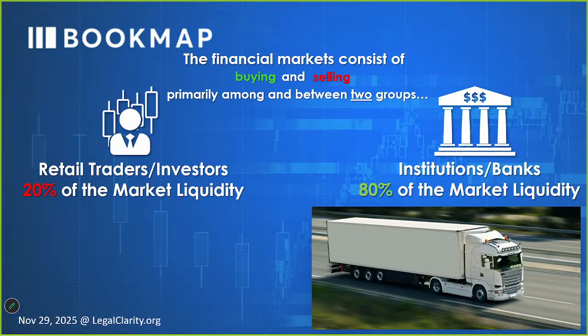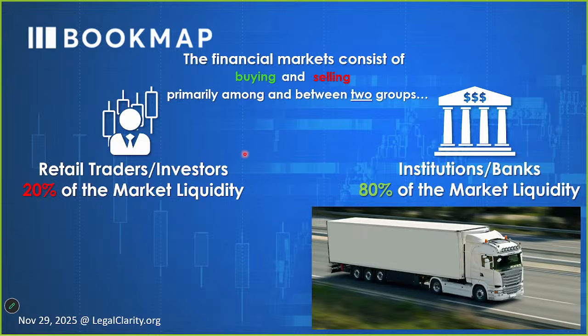So if we are not paying attention to what the banks and institutions are doing, not saying, there's a very big difference between doing and saying, but if we are not paying attention to what the 80% of the world is doing, it's a lot like standing in front of this truck right here. In other words, if we as retail traders are buying and the banks and institutions are selling, we're going to get run over the majority of the time.